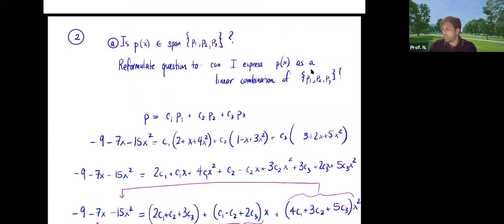Is 1A correct? Let's see. It looks like, yeah, I think this is a typo.